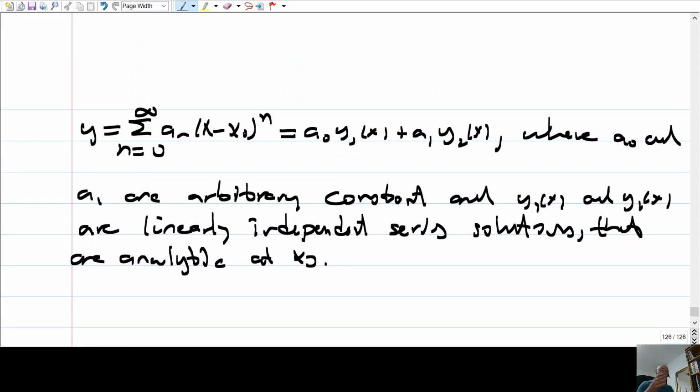So y1 and y2 are also power series expansions. They are convergent power series. They have positive radius of convergence.